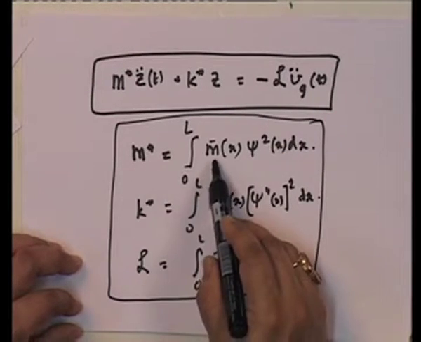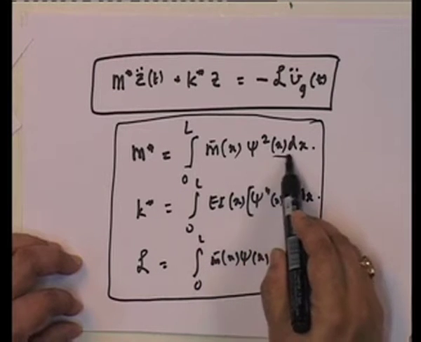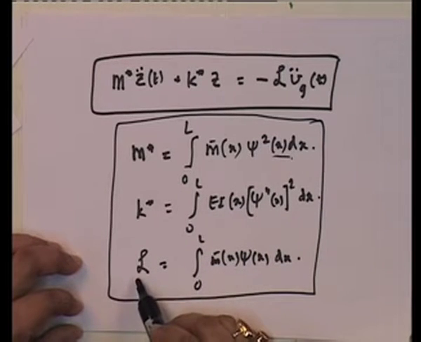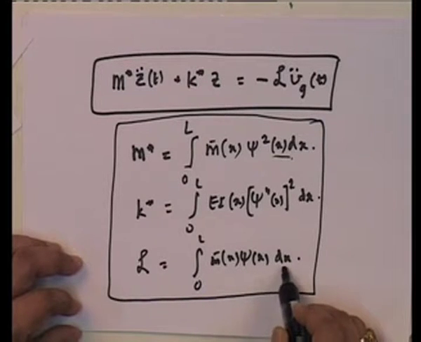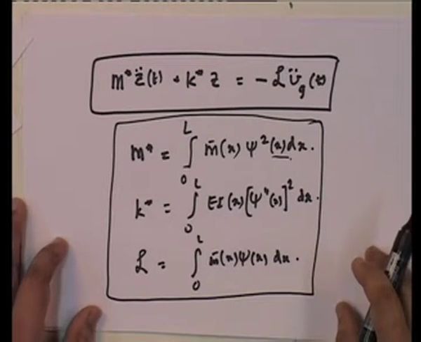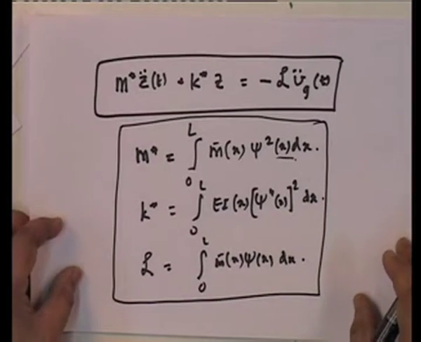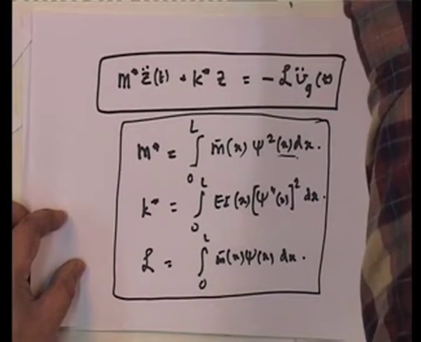M star is m bar xi squared x dx. What you get is an L, which is m bar into xi x dx. Okay. So, that is what you get.